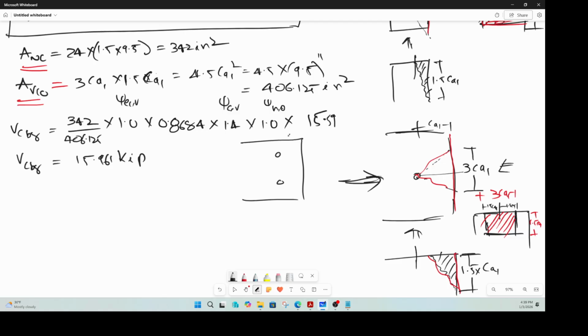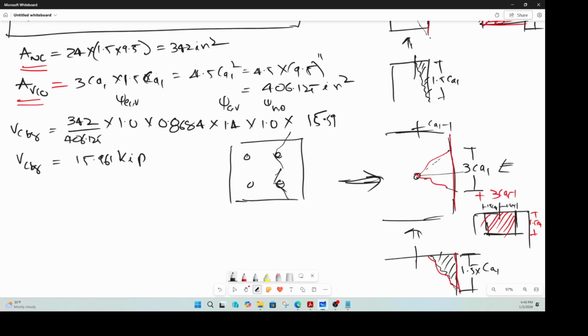Okay, so wherein we were talking about this anchor, this anchor and that anchor. Yes, we do have those anchors, right? So we need to account for that. But for those anchors, you need to consider the breakout of those two, correct?